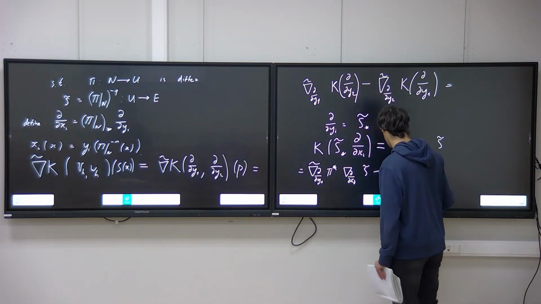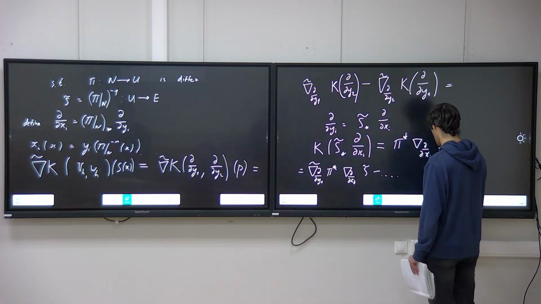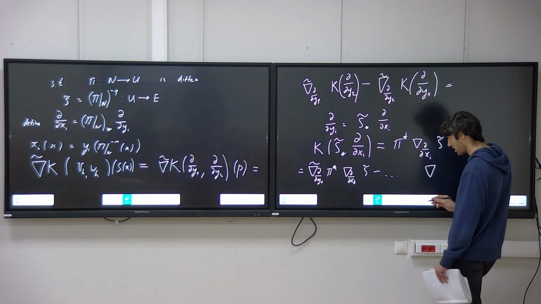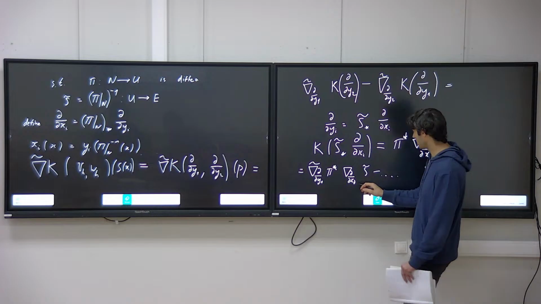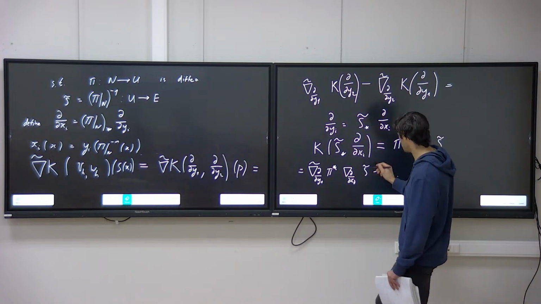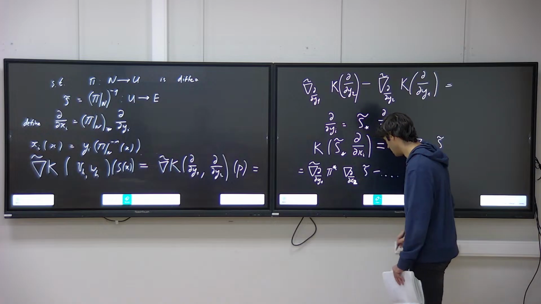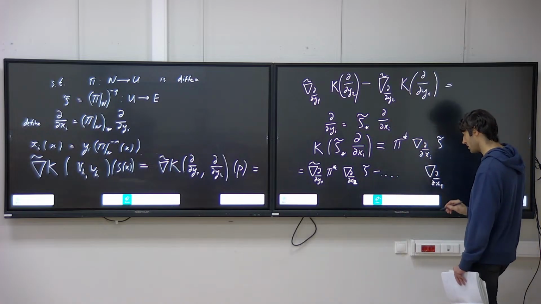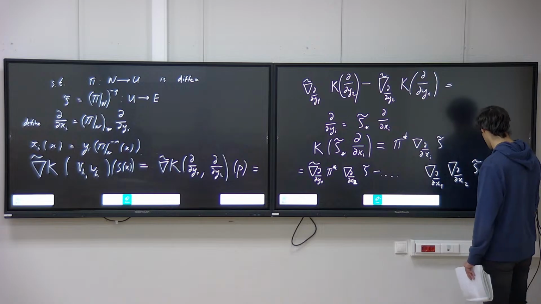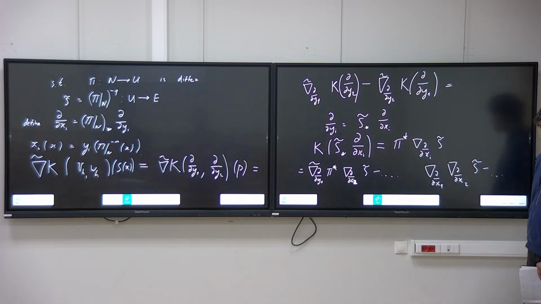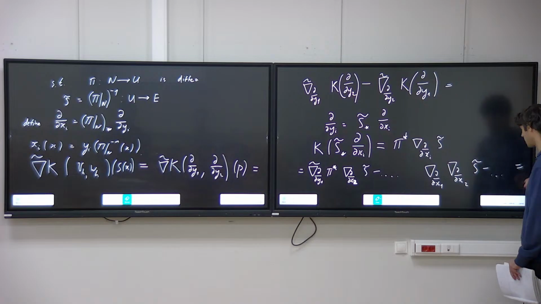But this now becomes, from the definition of nabla tilde, just nabla of d over dx. So here, not j, but 2. So I have d over dx1 applied to nabla d over dx2, applied to s tilde, and then minus the same term with 1 and 2 interchanged.